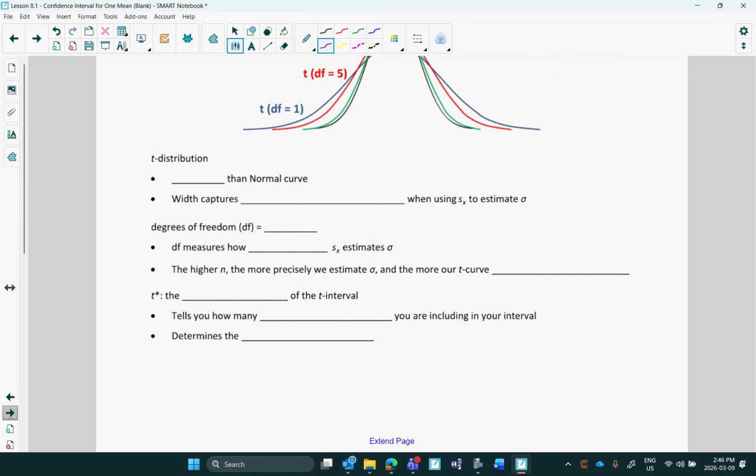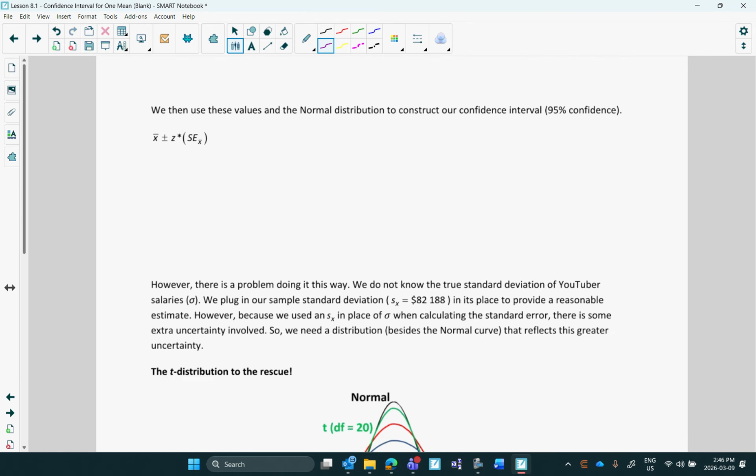So this is how we would set it up. Remember, this is our point estimate, and these two being multiplied together is our margin of error.